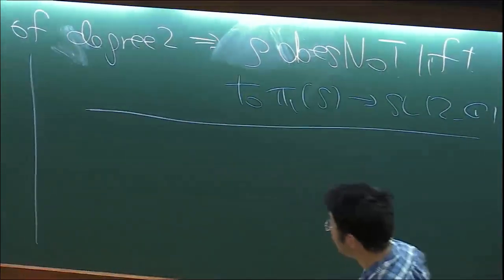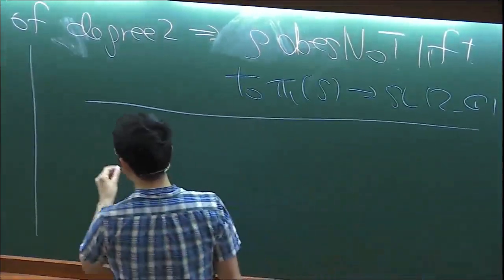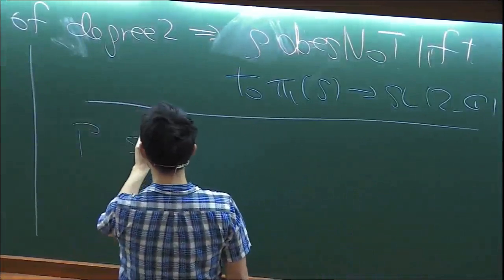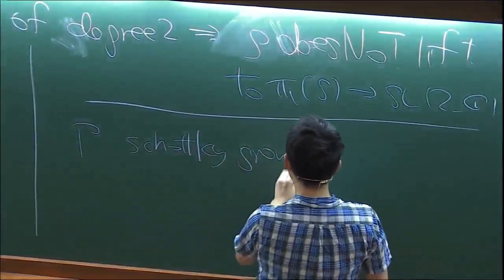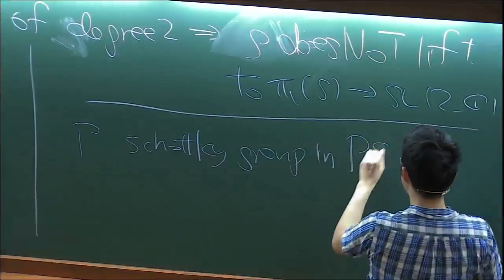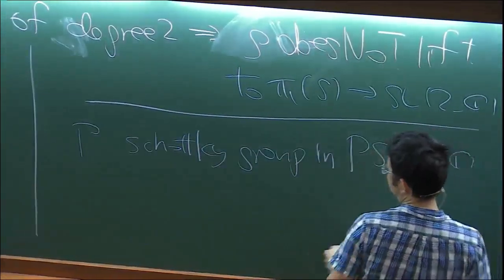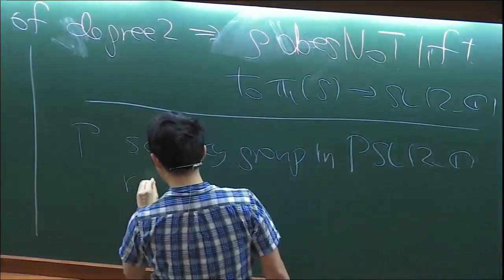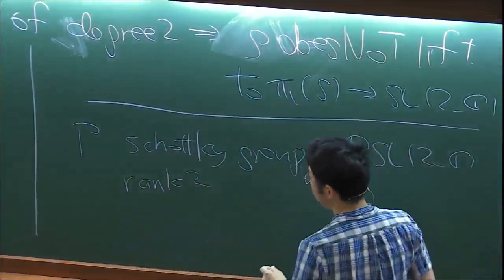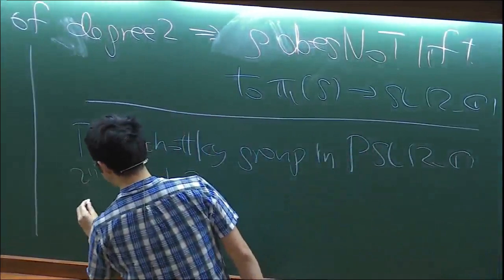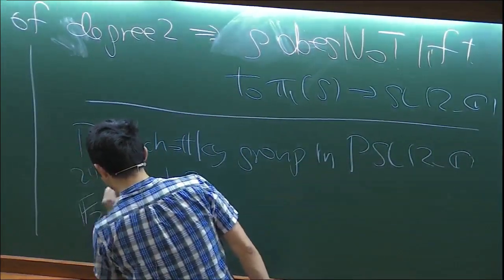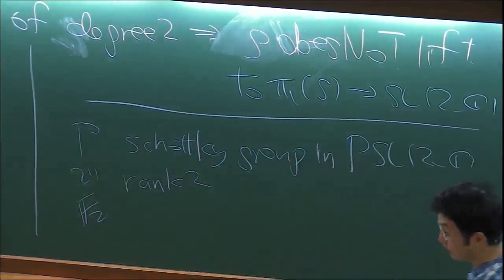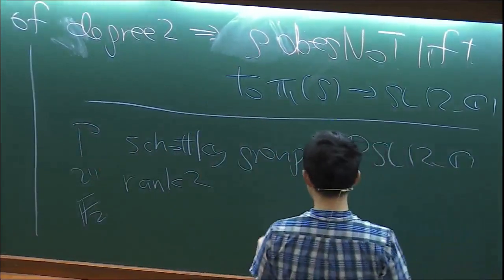Okay. And another thing we saw is that when we are given a Schottky group in PSL2C, we just need a rank 2 free group, as an abstract group it's just a free group of rank 2.